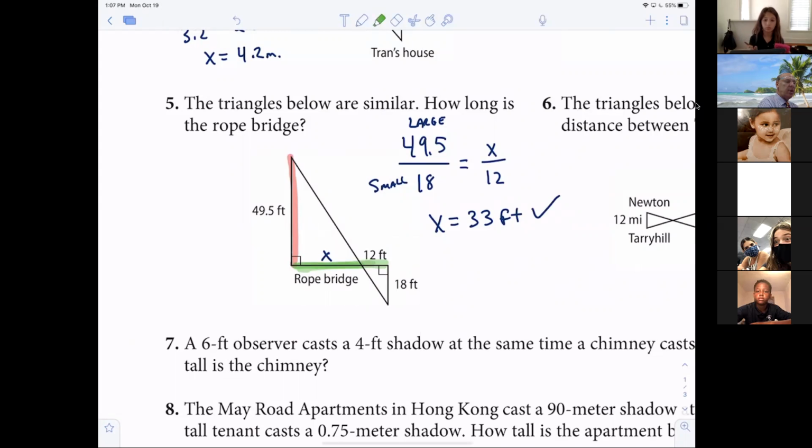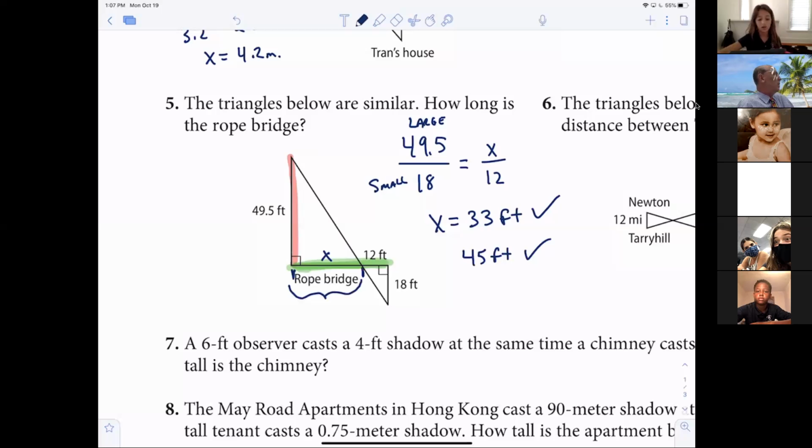If it meant the whole thing, you would add 12, so if you thought it was 45 feet, I'm okay with either of those answers. They didn't clarify it. On the test, if there's something uncertain, I will say from here to here is the rope bridge. So it's fine if we said 45, right? Yes.